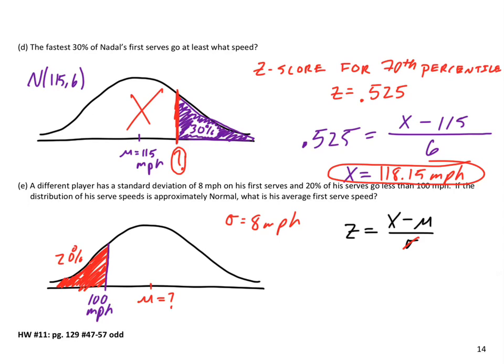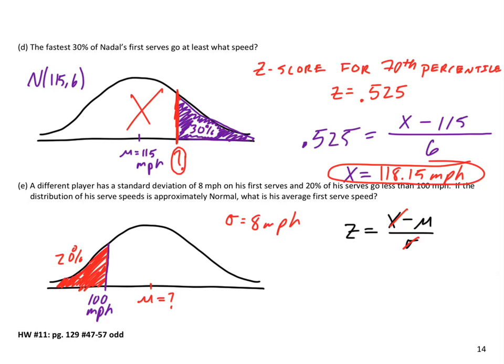And what should you put for x in this case? Don't know the mean, we're looking for the mean. What should you put for x? Can you just put anything less than 100? You should put 100, it's the boundary, so let's put 100. So we know x is going to be 100. The only thing we don't have is the z-score, and we don't have the mean.